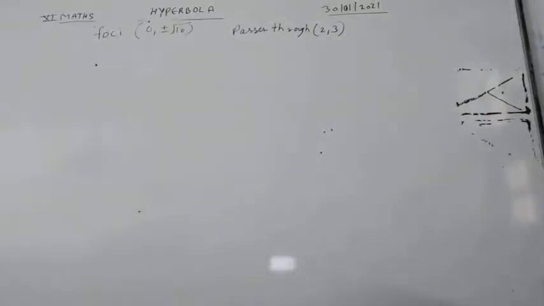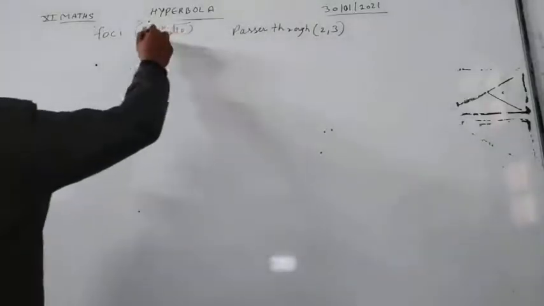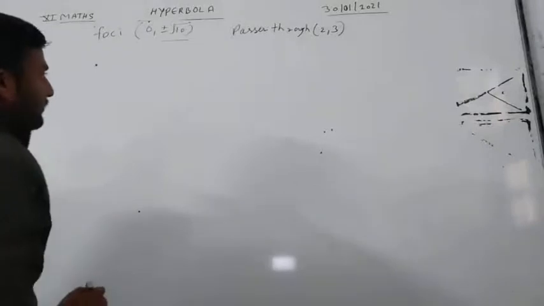Okay, students, then we have to find the equation of that hyperbola. We are seeing that our foci are (0, plus minus be).